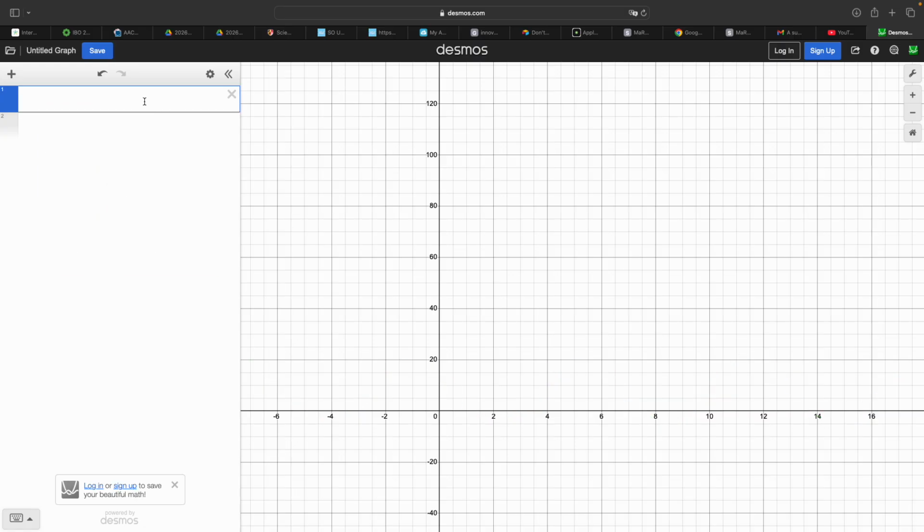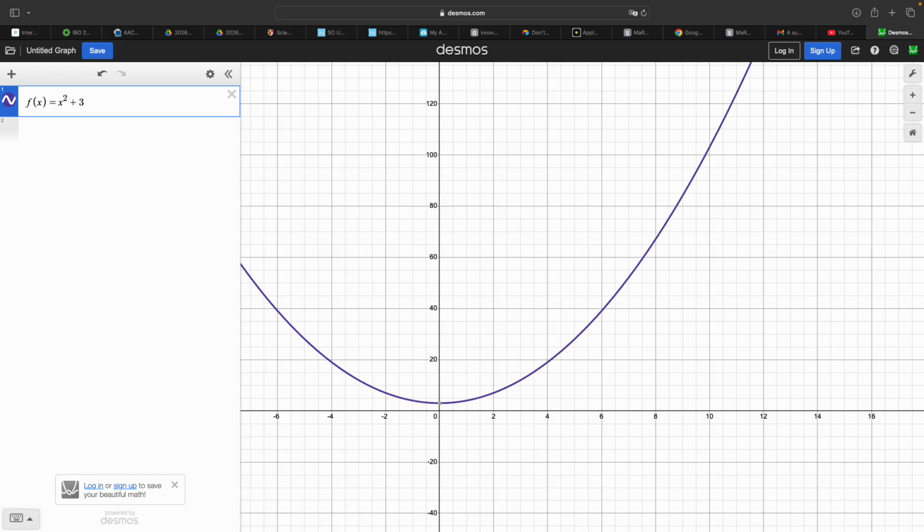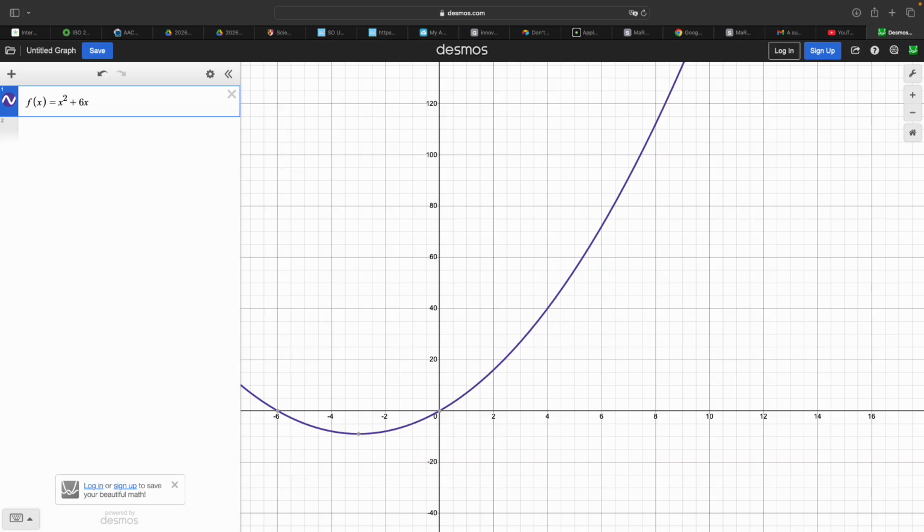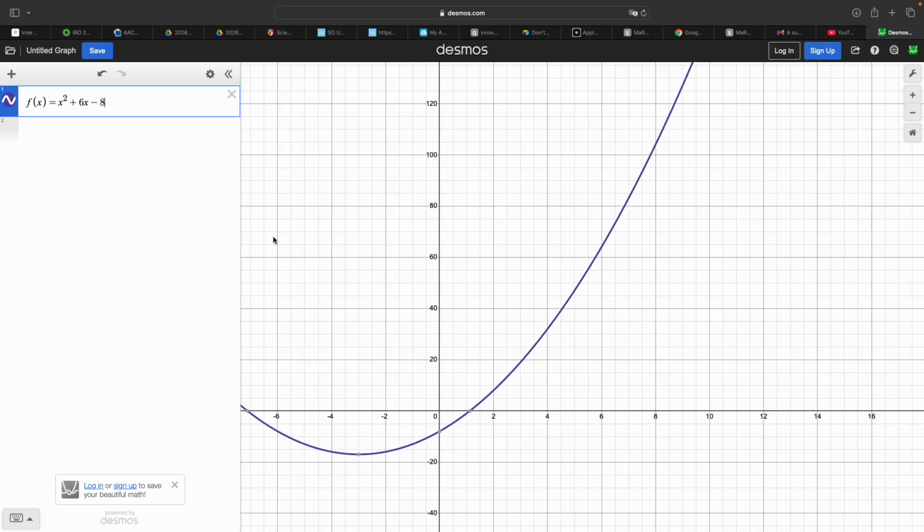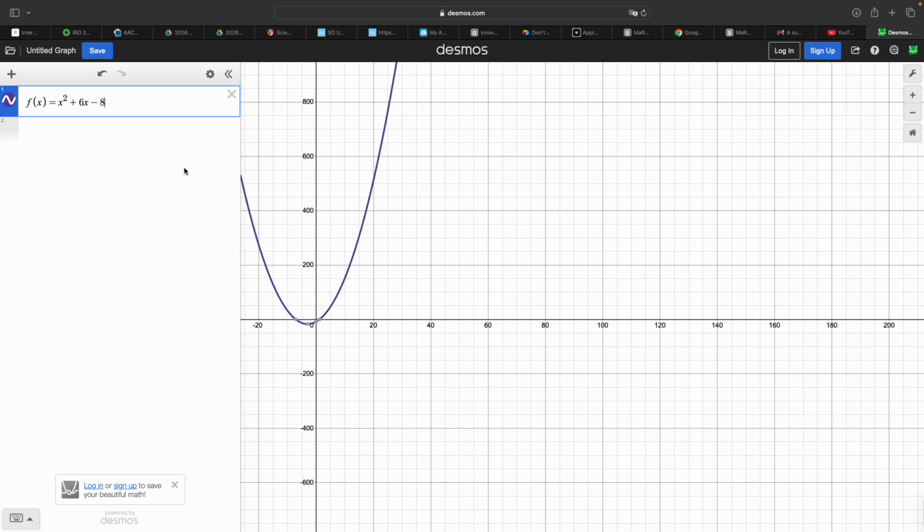Next, we got regression models. Now, regression is still something I kind of struggle with, I'm not going to lie. But let's say f of x is equal to x squared plus 6x minus 8, plus 9, for example. Let's say this was our regression model.